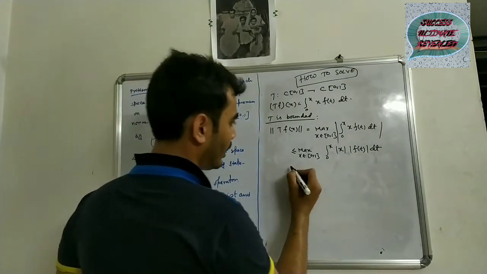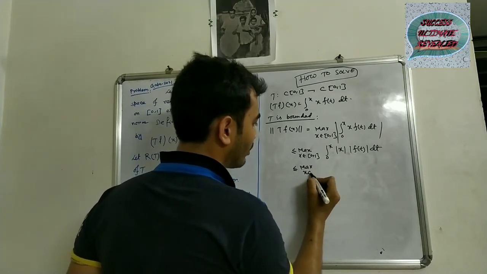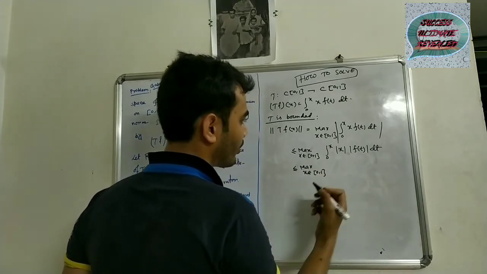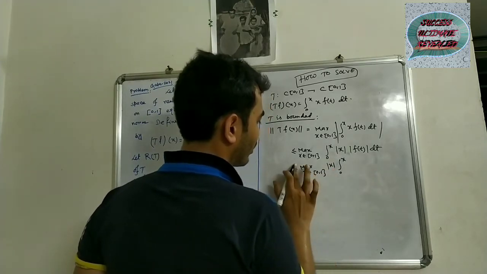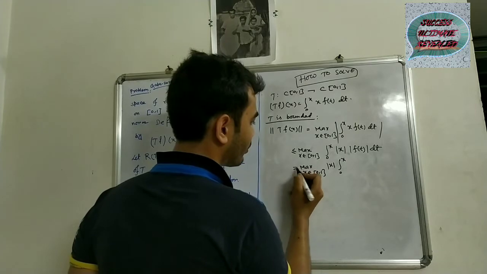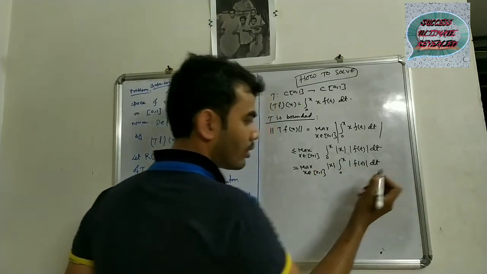Clear? And this is less than or equal to the maximum over x in [0,1] of mod of x times the integral from 0 to x of mod of f(t) dt. Clear?